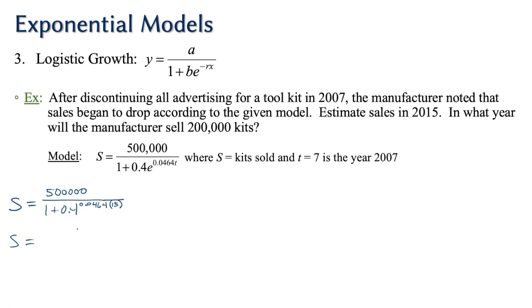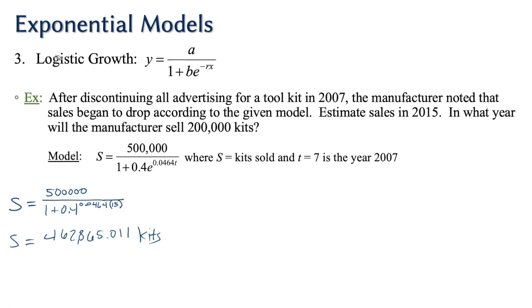If we plug that in our calculator, that gives us about 462,865. So that's about 462,000 toolkits sold that year.